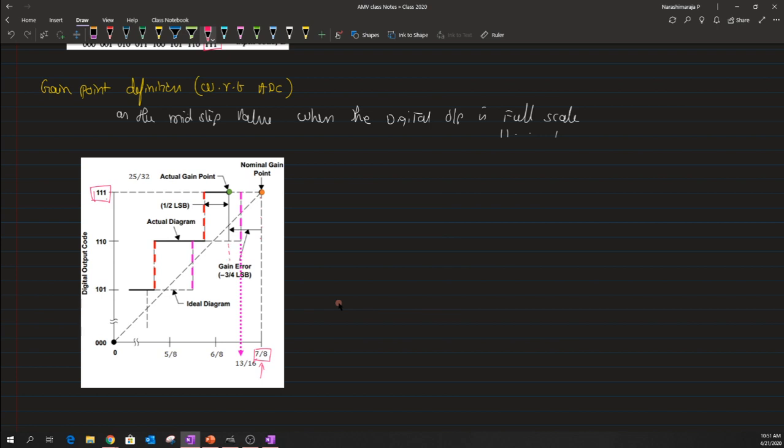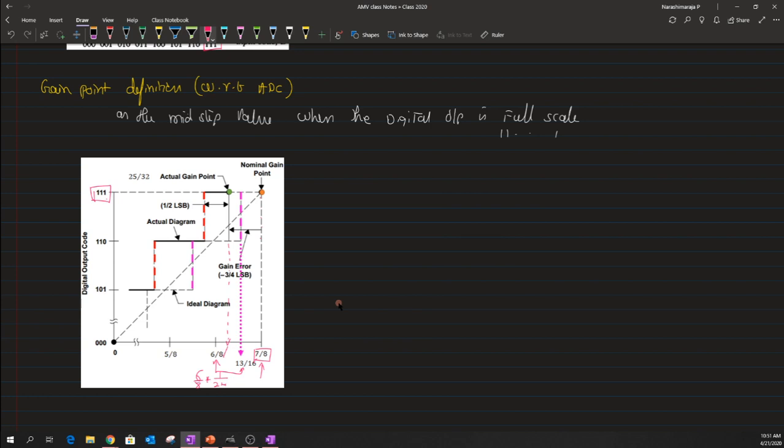I guess which is somewhere falling between these two extremes, which is somewhere between these 2 points. Okay, so in short, it is 6 by 8 plus 1 by 24, which is a quarter of the LSB term.